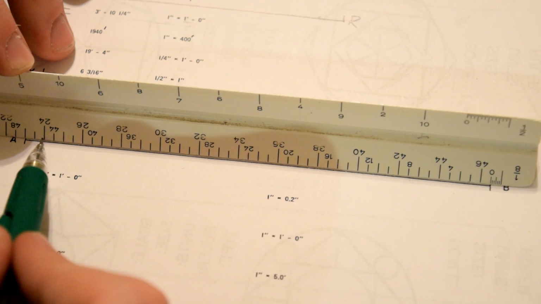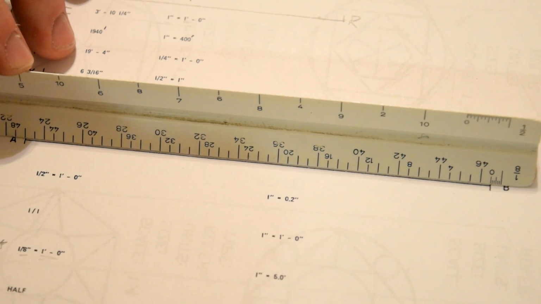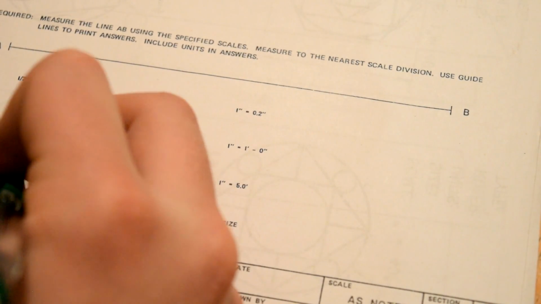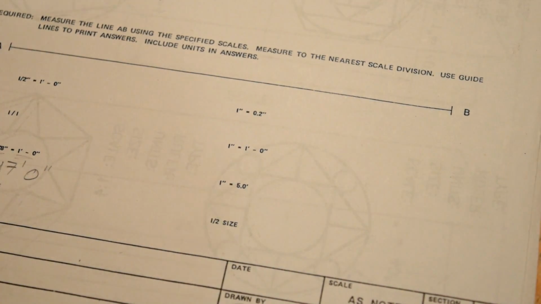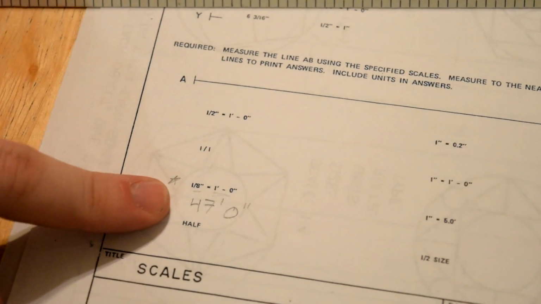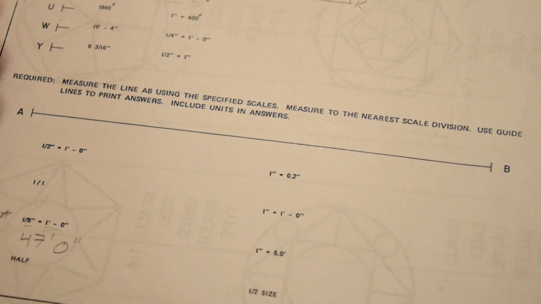So there's 44, 45, 46, there's 47 feet. So I'm going to record that this is 47 feet, 0 inches. I guess that didn't quite show up, so I'm just recording 47 feet, 0 inches. Okay, that's pretty straightforward.